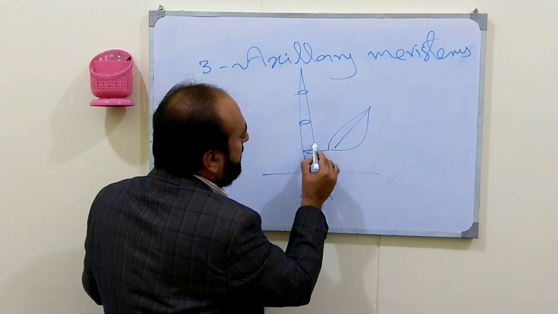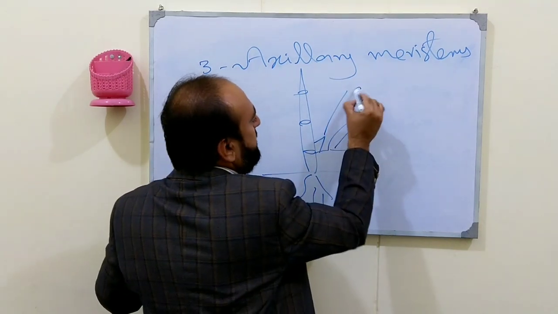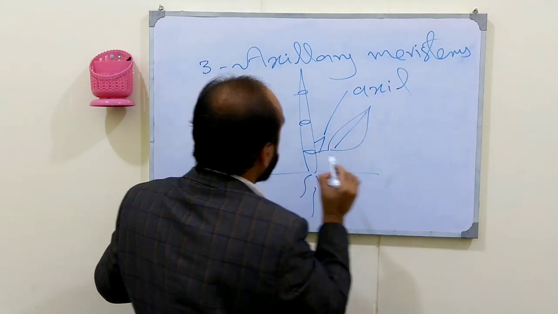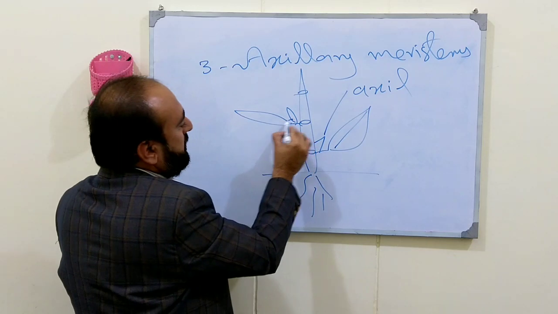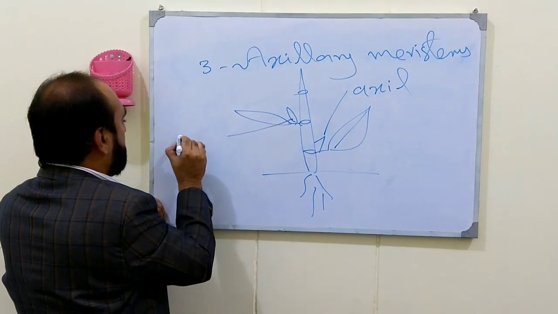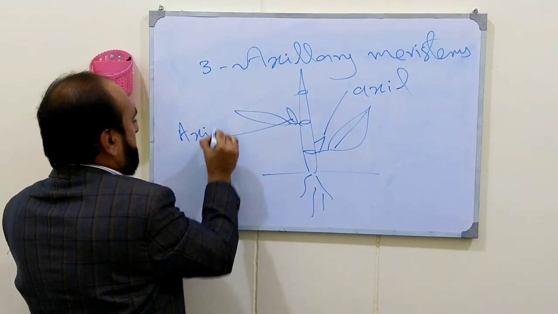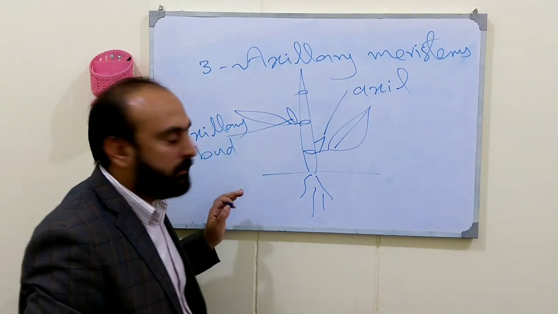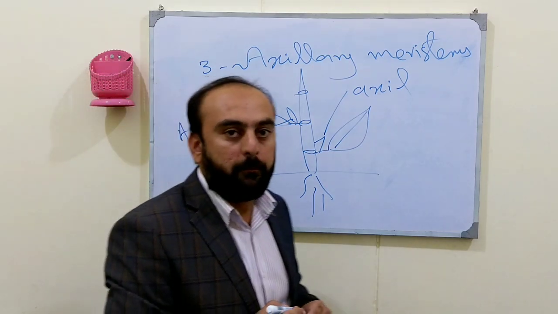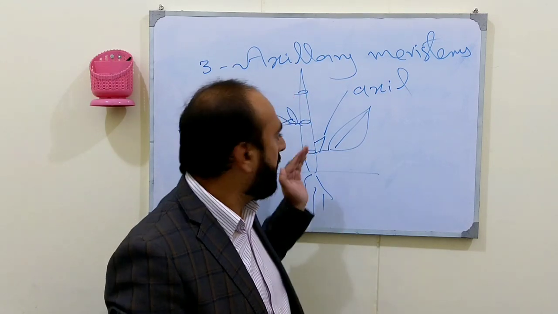The angle between these leaves and stem is called as axil. Nodes are the points where the buds initiate. This is a bud, axillary bud or lateral bud. These buds become branches or flowers.